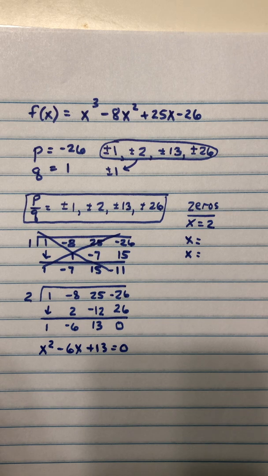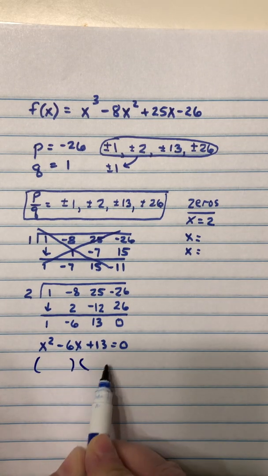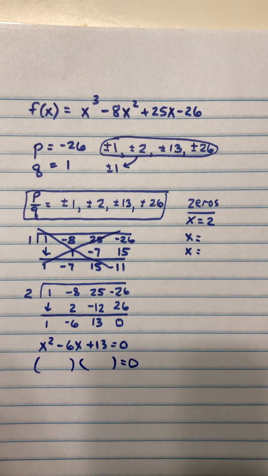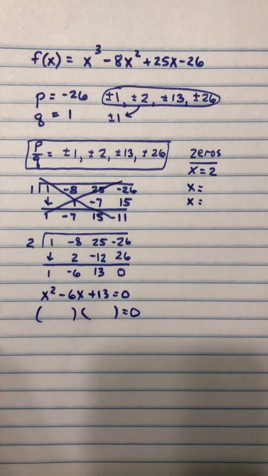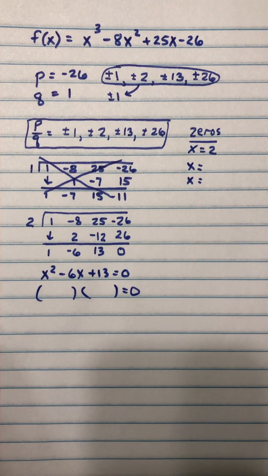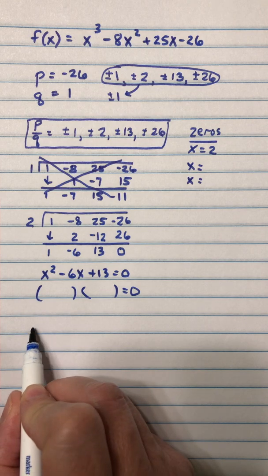Now, this is not something that I'm going to be able to factor. X squared minus 6x plus 13 does not factor into the 2 sets of parentheses. So, I mean, you can try it if you want, but it's not going to factor for you. So, my next best option, if something does not factor, is to use quadratic formula.